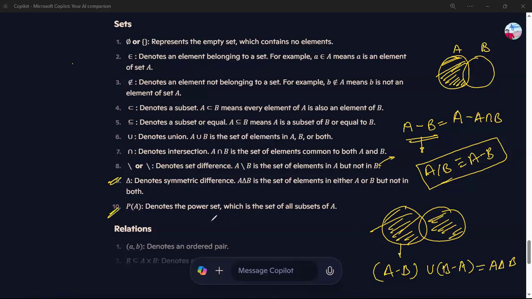P of A simply denotes the power set, which is the set of all subsets of a given set. So if you have to find the cardinality of a power set, what is the formula?